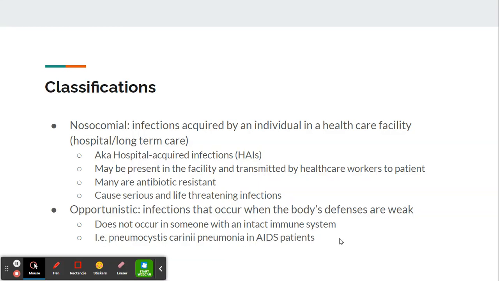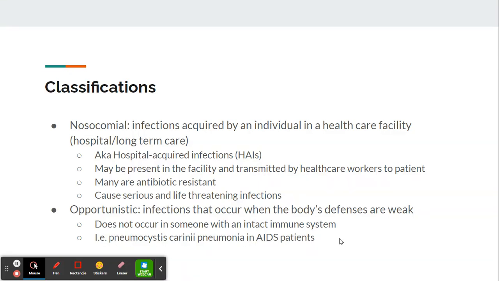The last thing that we have is opportunistic infections. These are those infections that we see happen when your body's defenses are already weak. So when your immune system is already a little compromised. We tend to not see this in someone who has an intact immune system. So our HIV or AIDS patients, this Pneumocystis carinii is a specific type of pneumonia that is only really seen in AIDS patients because their immune system is compromised.